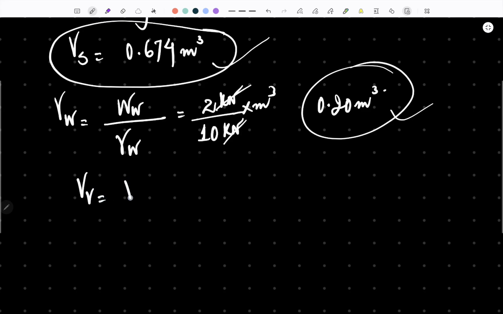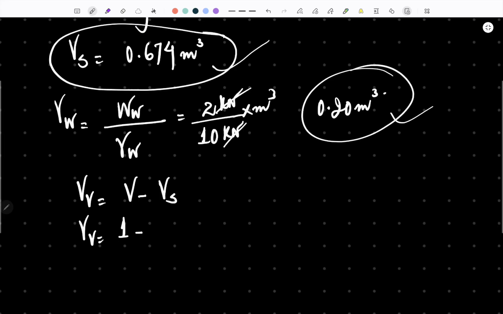Volume of voids is total volume minus volume of solids, because volume of voids is the combined volume of air phase and the water phase. So we'll be subtracting the volume of soil solids from the total volume. Then we'll be having our volume of voids in this soil phase system. So volume of voids is equal to total volume, 1 cubic meter, minus volume of soil solids, which we just found out was 0.674 cubic meter.